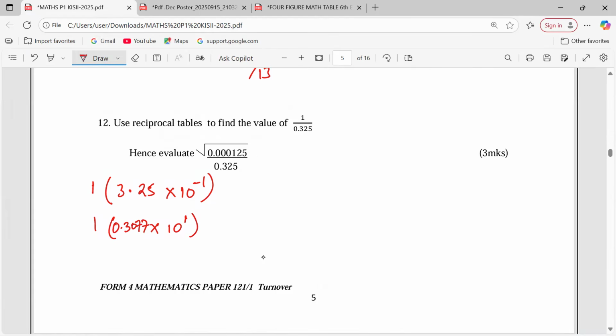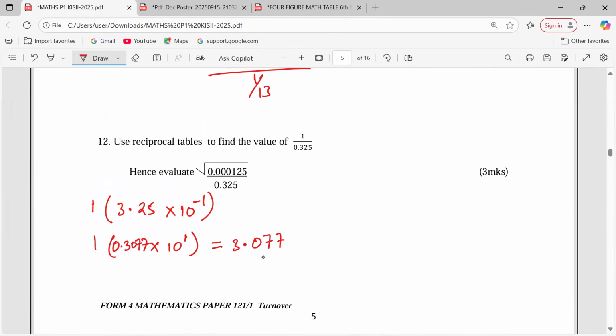That is now the reciprocal, meaning that when we compute this, it shall be 3.077 that way. So we already have the reciprocal. From there, let's now talk about working out what had been provided.